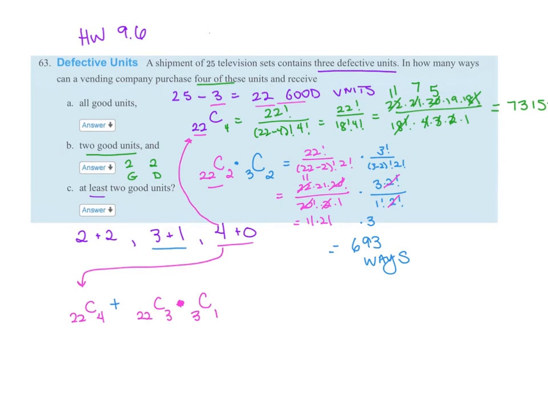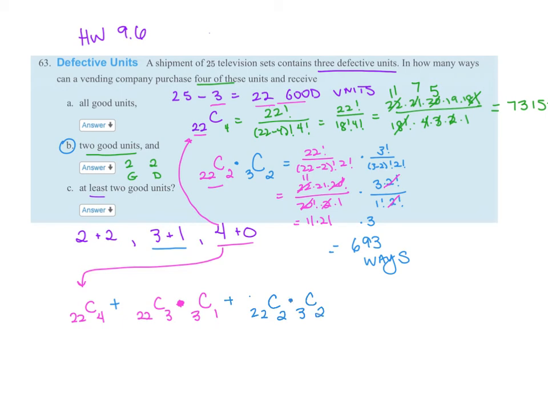So that's a total of 4 units, since 3 plus 1 is 4. Let's go to the next one. 2 good units and 2 bad units, and actually we did that for B. So we can just copy that information as well. So this is 22 choose 2 times 3 choose 2.